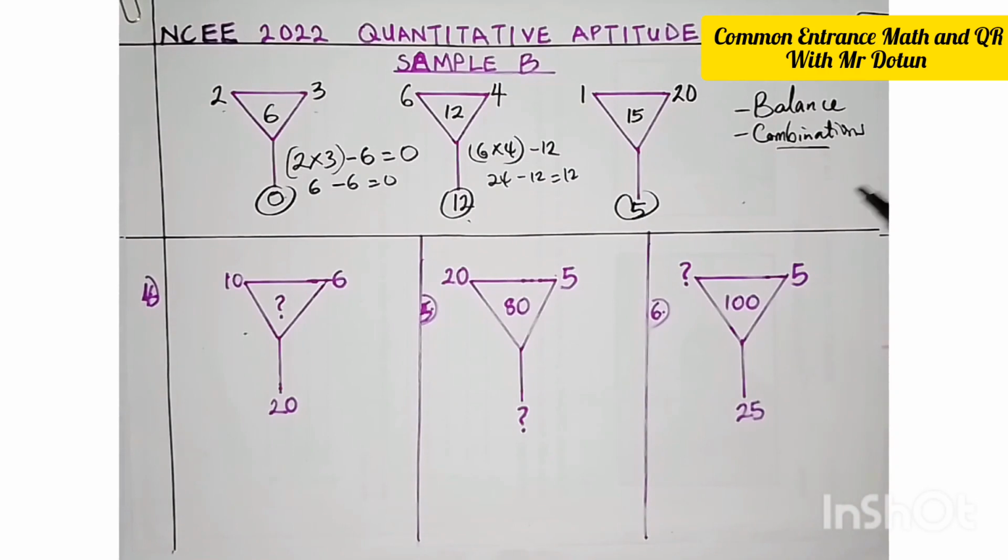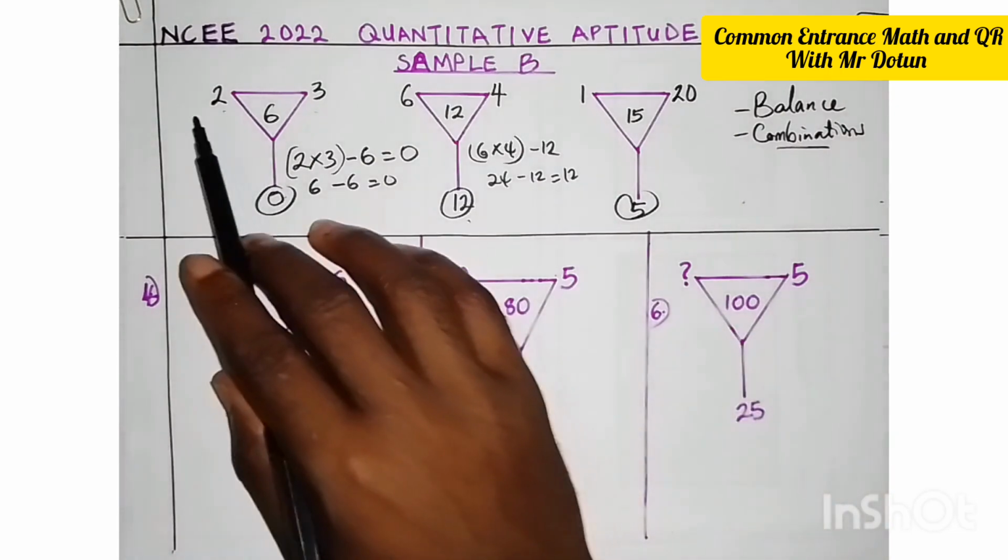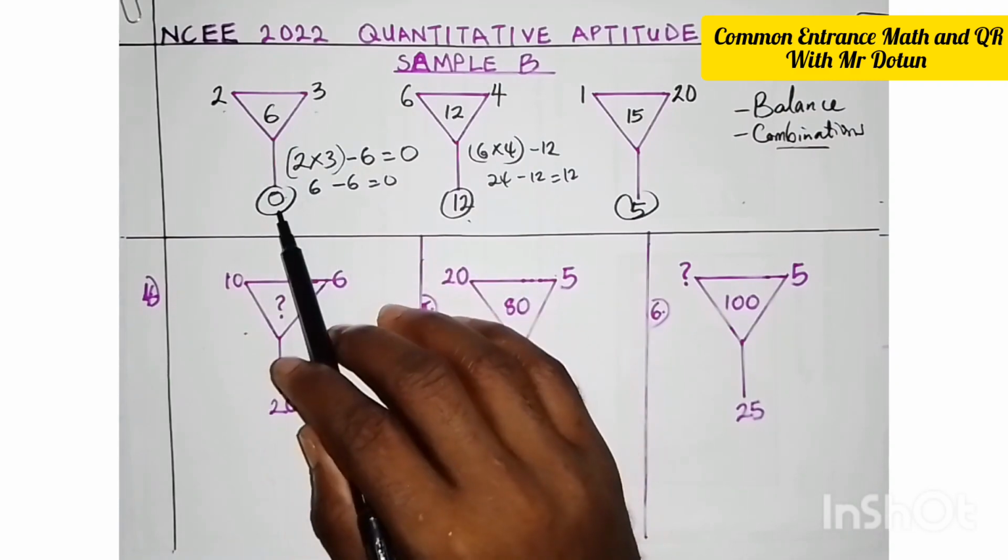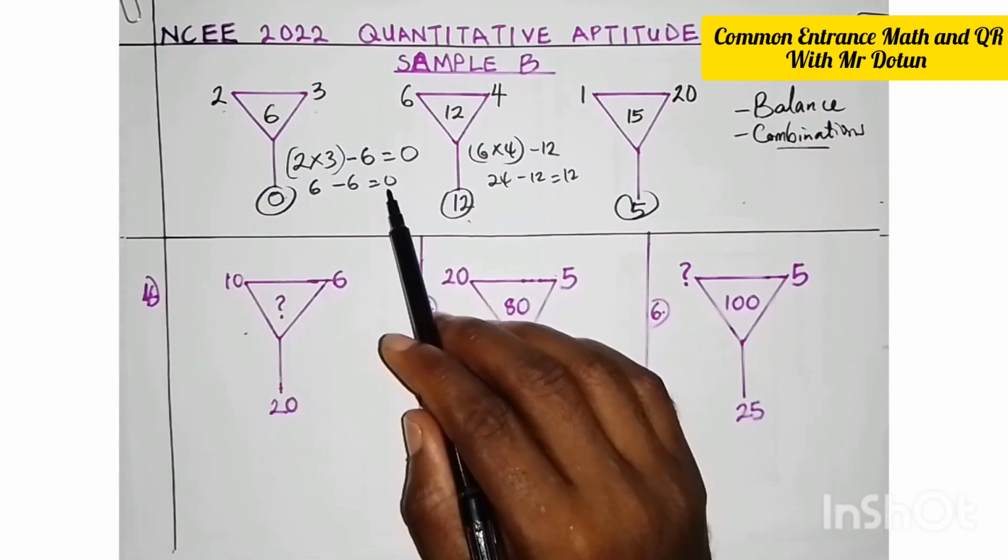Like we did in sample A, we need to find out how to find the other pots. Now that we know that 2 times 3 minus 6 is 0, pay attention to this.